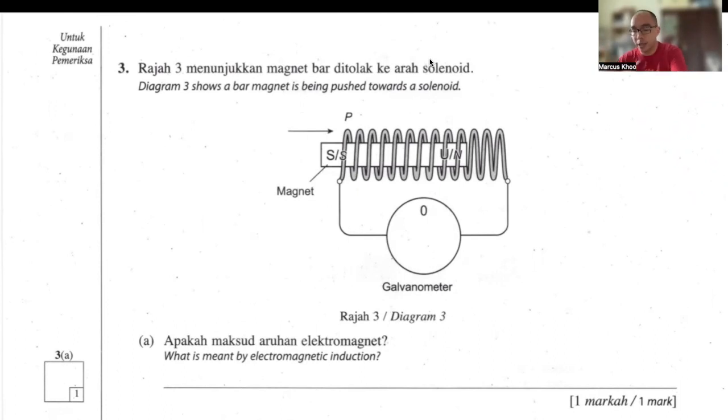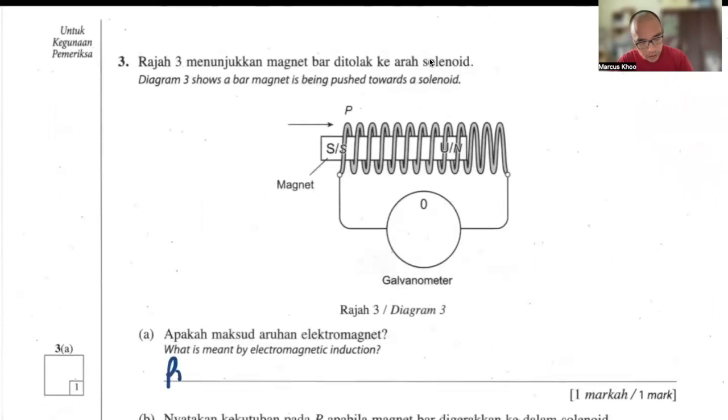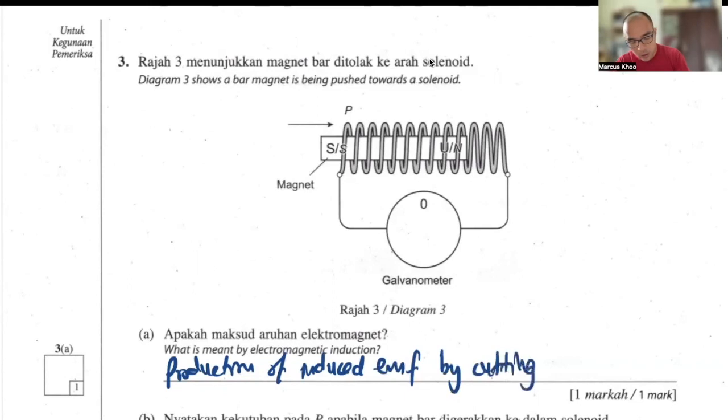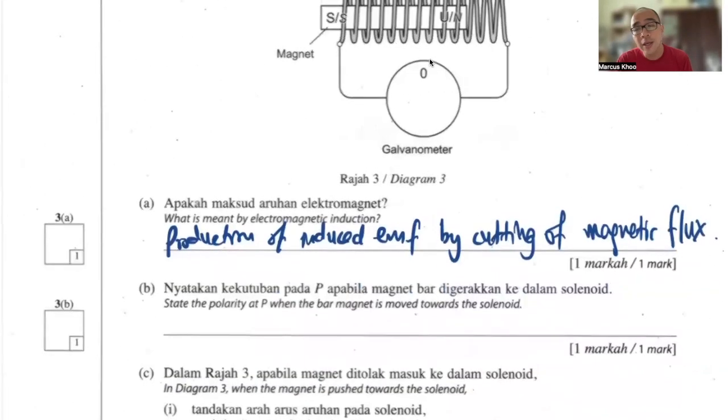Electromagnetic induction is the production of an induced EMF by the cutting of magnetic flux. Okay, production of induced EMF. If we say induced current, it wouldn't really be such a wrong thing. But technically, we're talking about induced EMF because that's the one that induces the current.